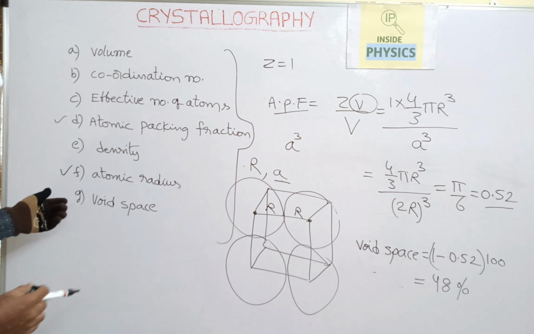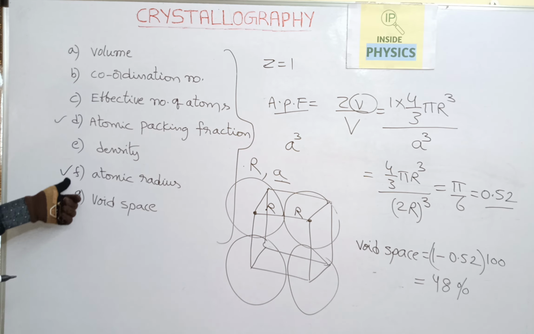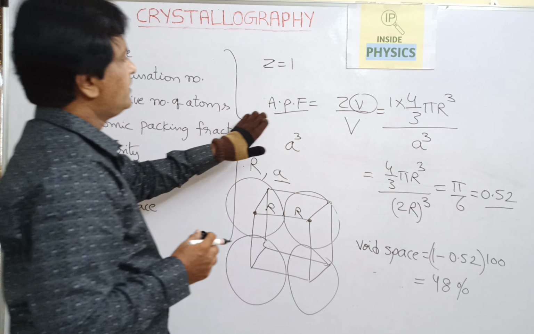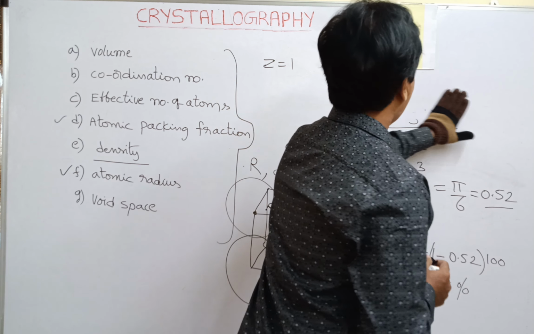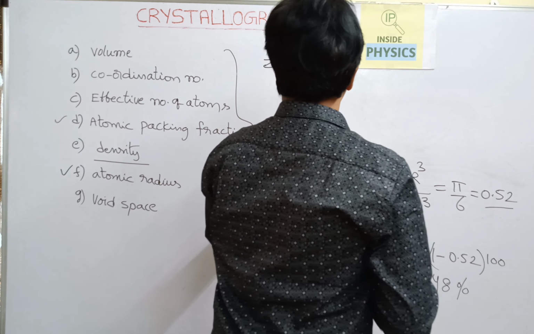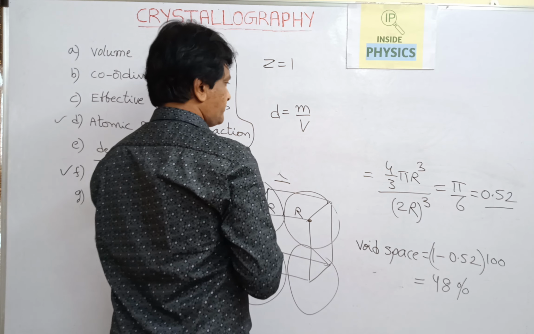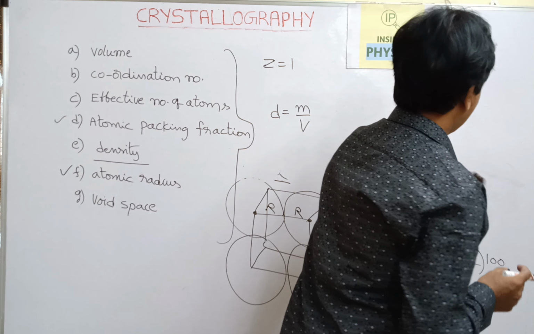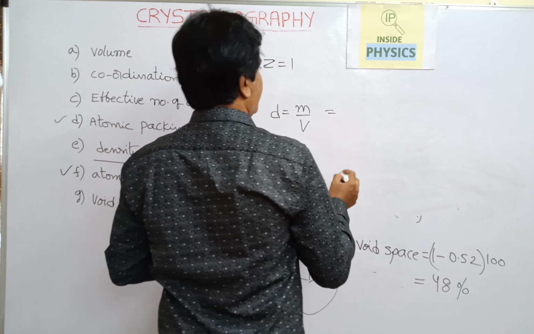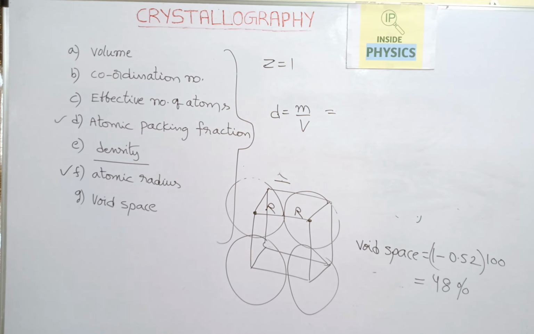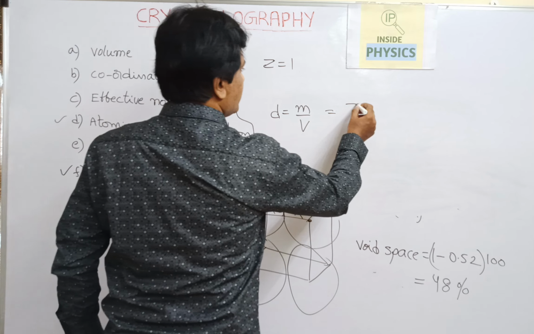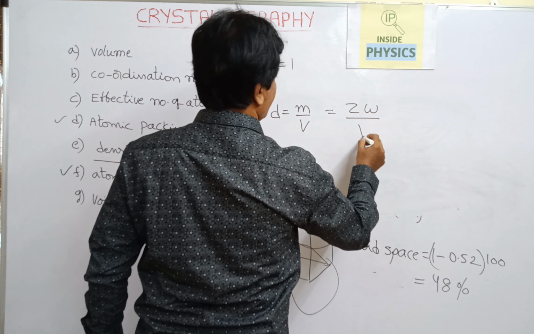So in this way we have calculated all 7 parameters, and we are left with the density. We need to calculate the density of the material, which gives an idea of how closely the atoms are packed. We all know that density is equal to mass per unit volume, and here we can write the formula as Z into W by volume.